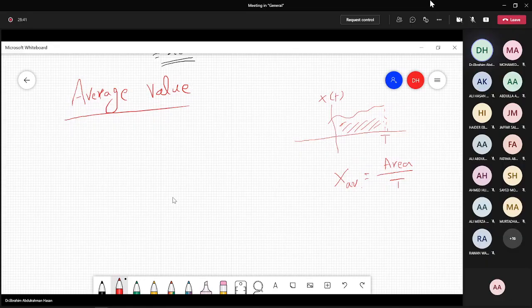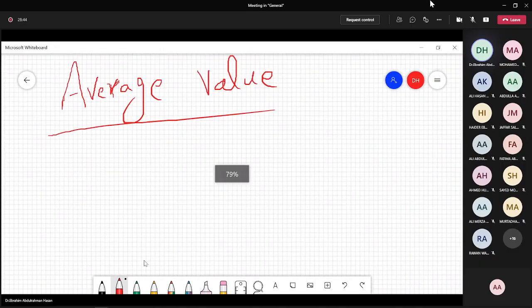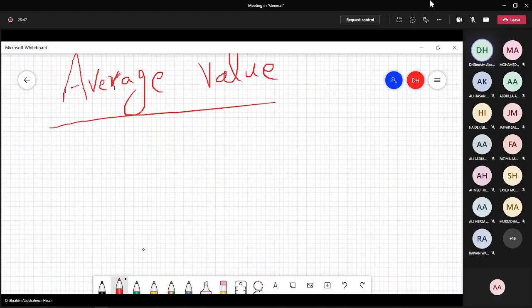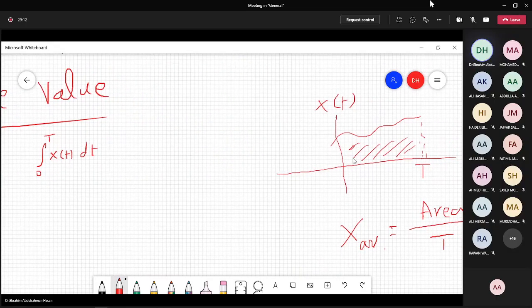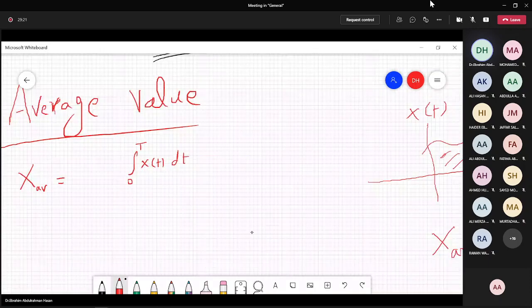So x average equals the area under the curve, which is the integration from 0 to T of x of t dt, divided by T. So 1 over T, the average.